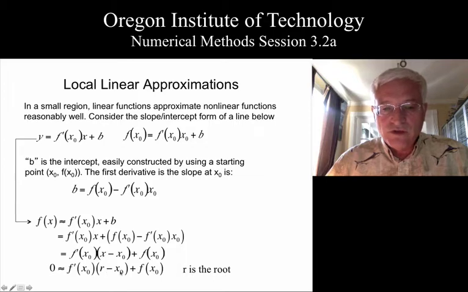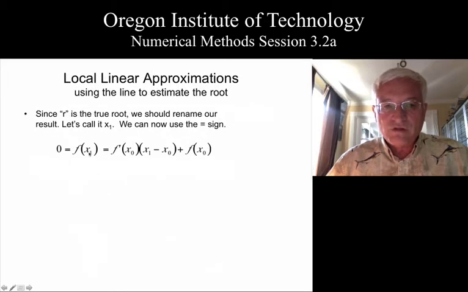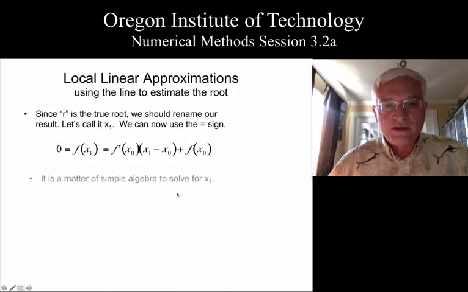Instead of the root, we will use this term x1, and now we can use the equality sign. So 0 is equal to the exact same formula, but plugging in x1 as the actual position of where the line hits the x-axis. That's just really a matter of some simple algebra.